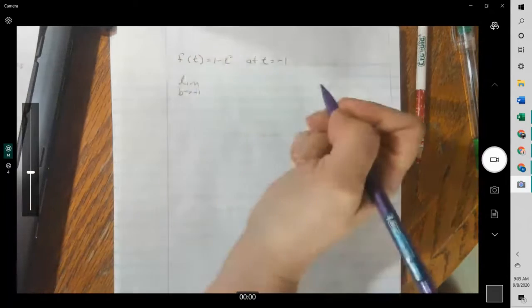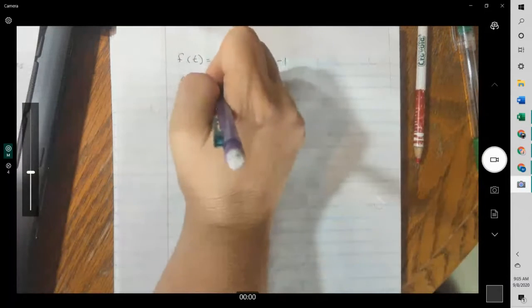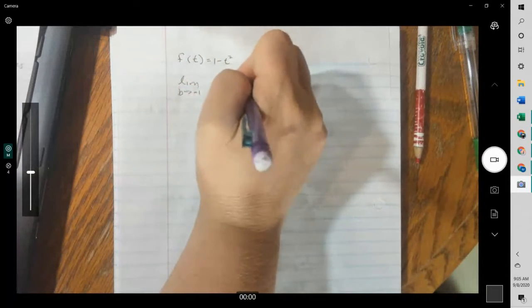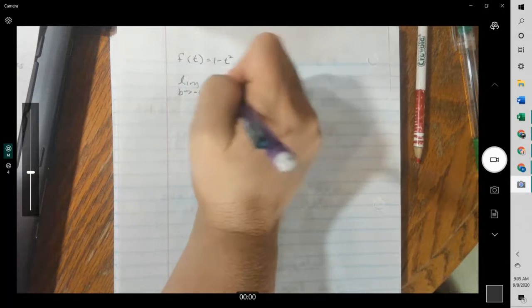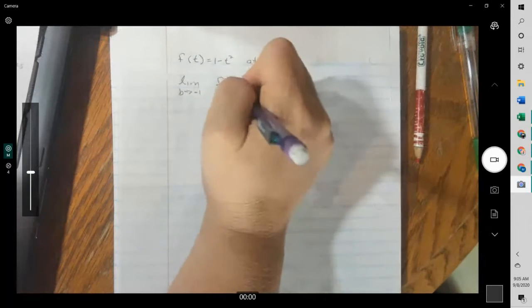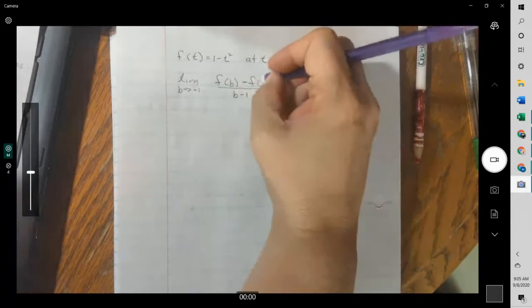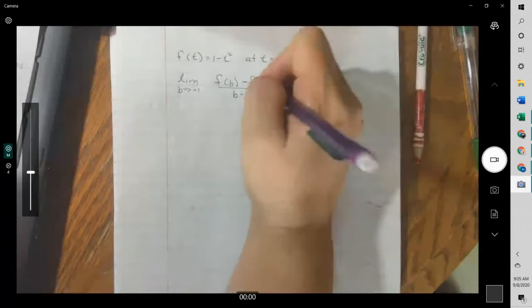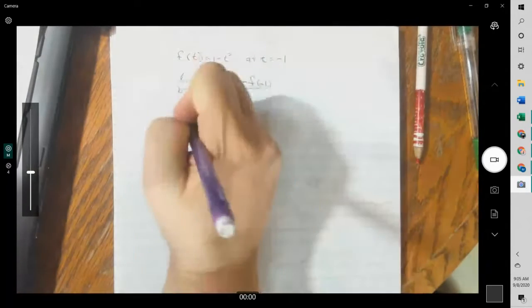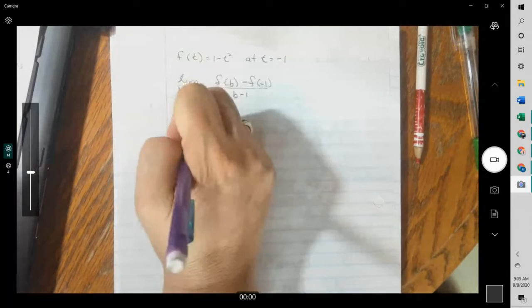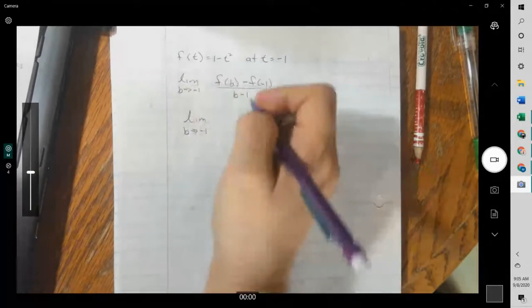Here we're doing it at -1, so we're finding the limit as b approaches -1. We have f of b minus f of -1 over b minus -1. I'm just going to work downward. Limit as b approaches -1.